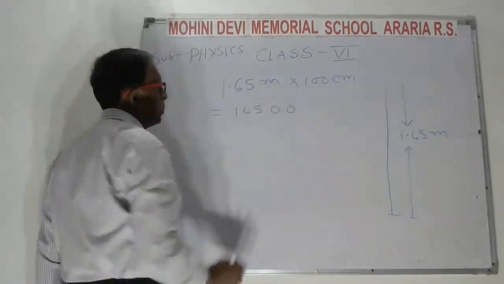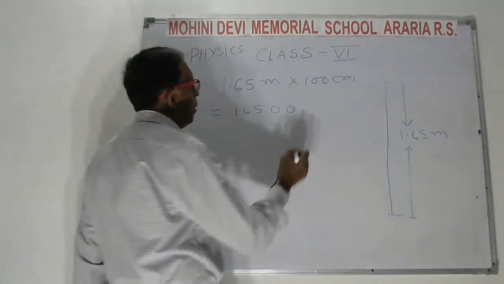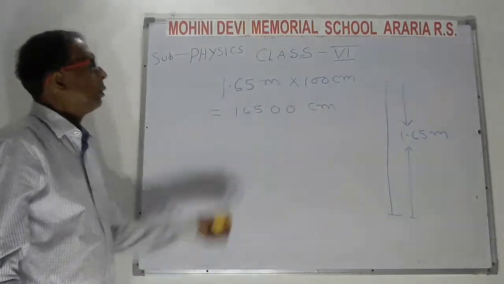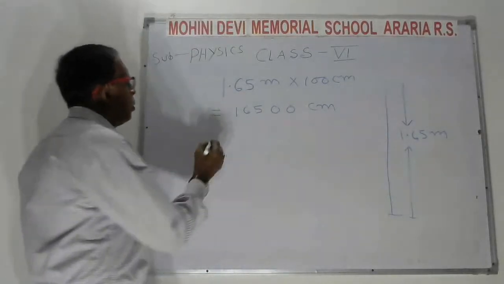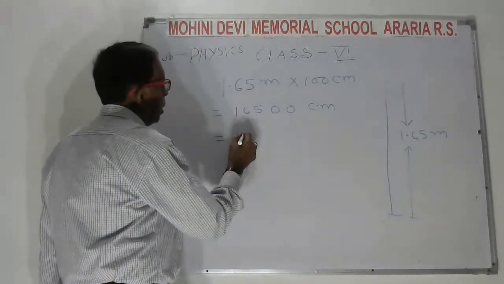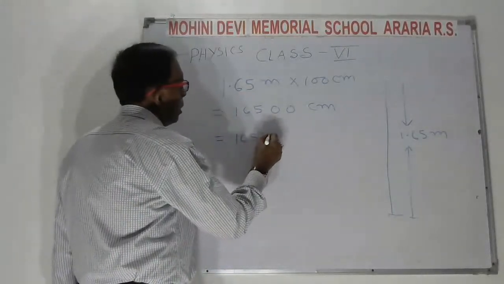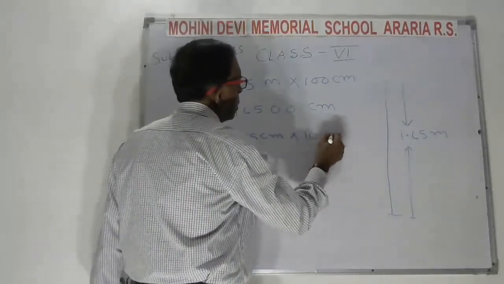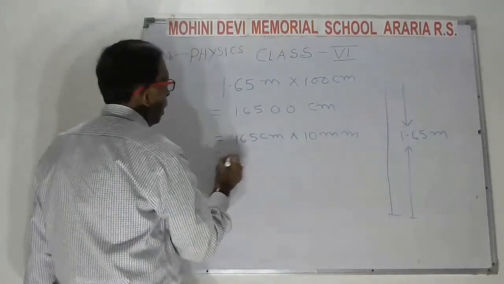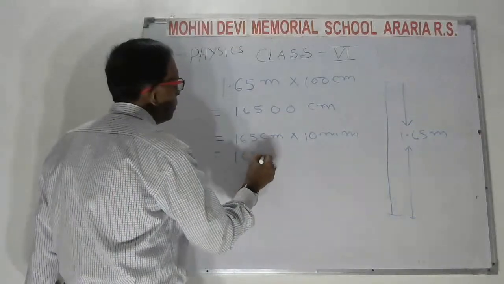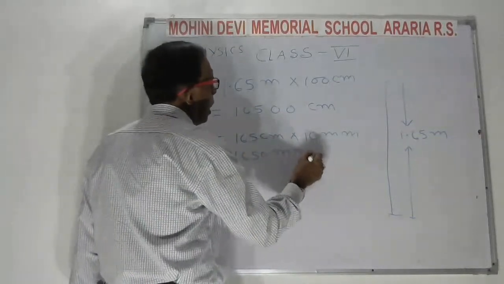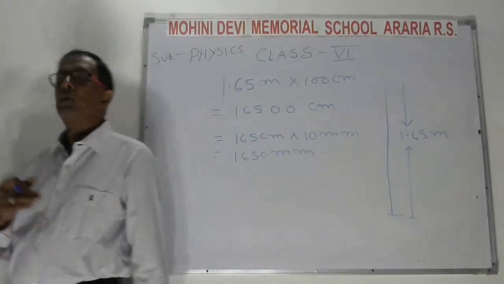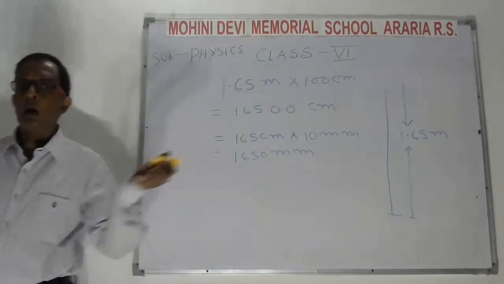So we draw the decimals here, and the answer is 165 centimeter. And now you have to convert the centimeter into millimeter. You know that 10 millimeter is 1 centimeter. It means 165 centimeter into 10 millimeter is equal to 1650 millimeter. This is the answer of this question. It is simple mathematics. If you learn mathematics very well, the answer is quite right.